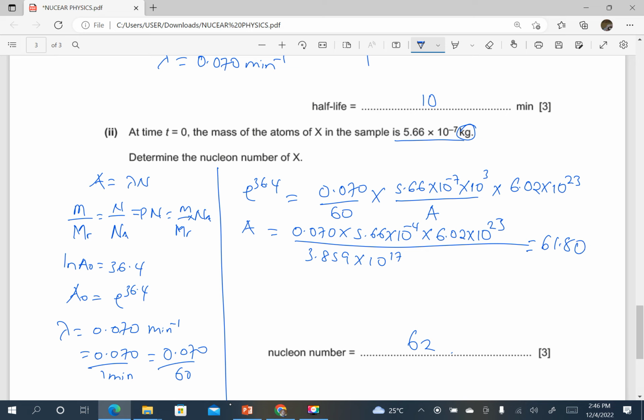We round off to the nearest whole number, approximately 62 in grams.